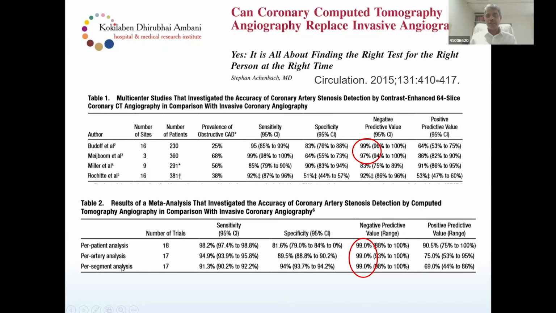So it is very accurate. The one advantage of doing CTCA, which everybody agrees on, is that it has almost 100% negative predictive value. So if you have a CT coronary with 0 calcium score and clean arteries, you can almost send that patient home immediately and say that there is no possibility of ACS occurring in the next 5 to 6 years, and we'll have that data in the later slides also.